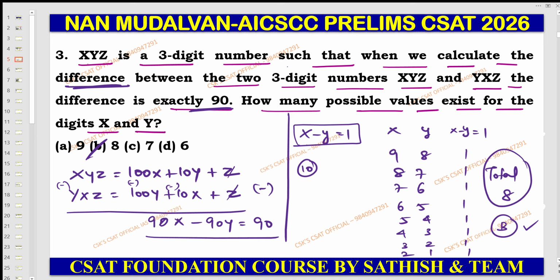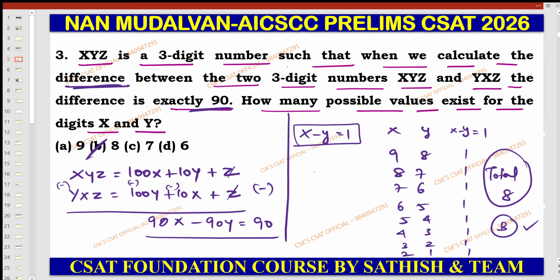If x is 1 and y is 0, the difference is 1, yes, of course. But whether it satisfies the condition of a 3-digit number? Prem, this is the condition.